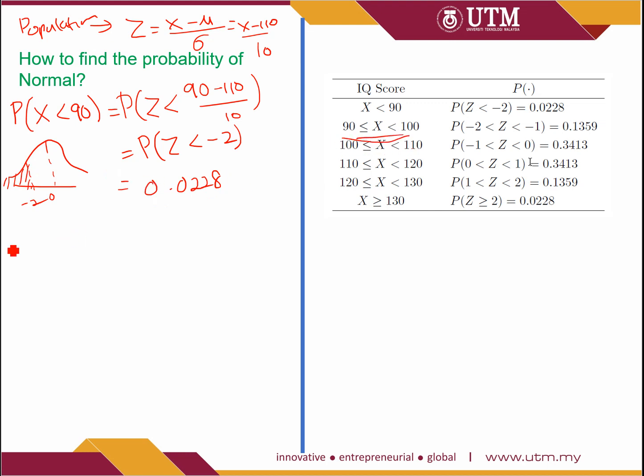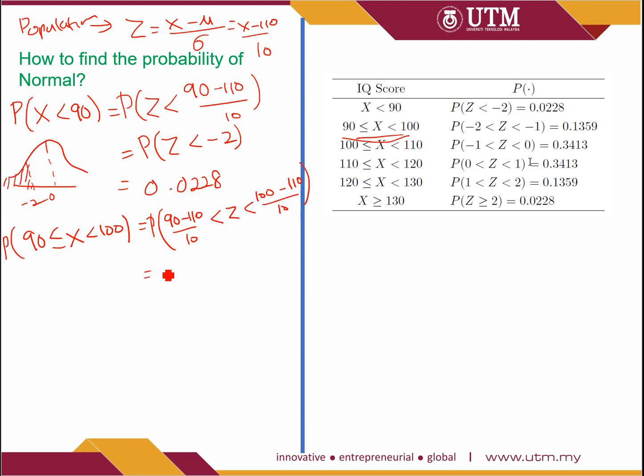How about this one? For example, P(90 less than X less than 100). Don't forget to change to Z score. So you would have 90 minus 110 divided by 10, and this would be changed to only less than, no equal sign. This one would be changed to Z less than 100 minus 110 divided by 10.